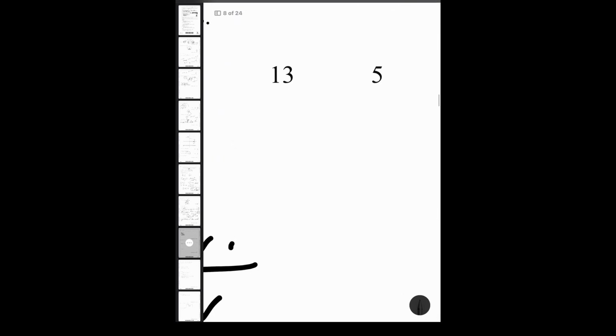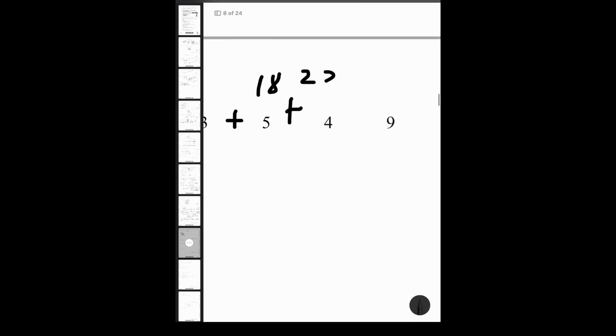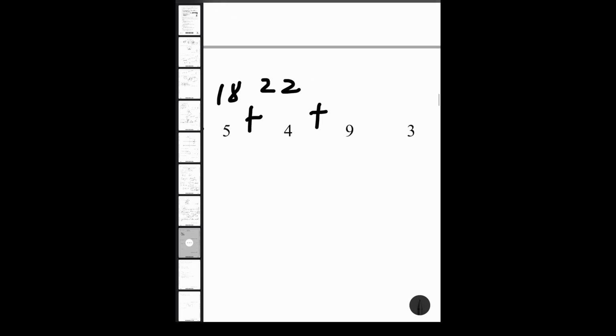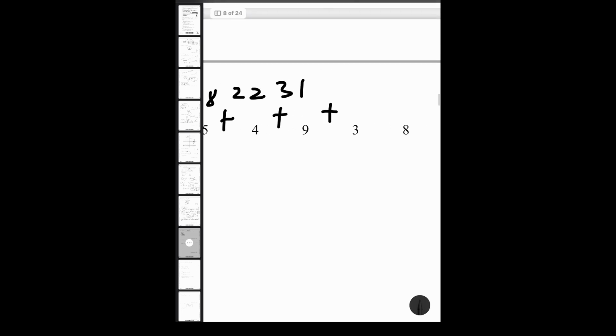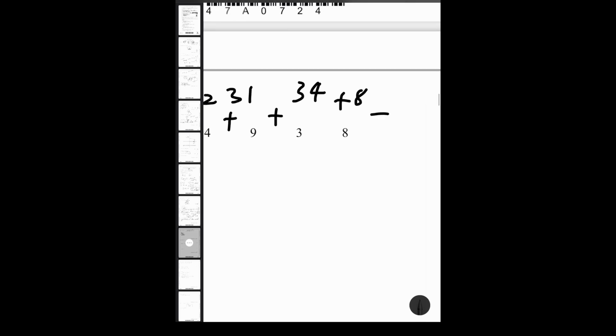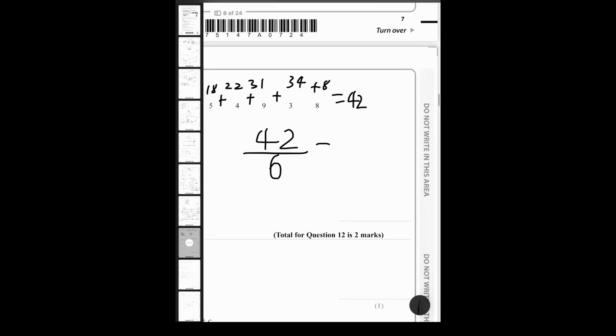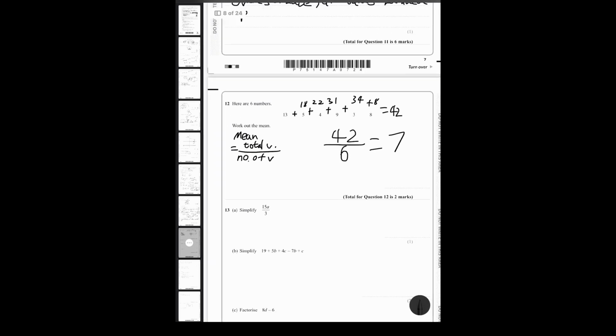So 13 plus 5, that's 18, plus 4, that's 22, plus 9, that's 31, plus 3, that's 34, and now plus 8, that is 42. So 42, got 6 people, that's 7, which means the mean is 7.